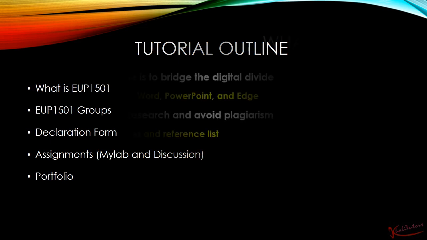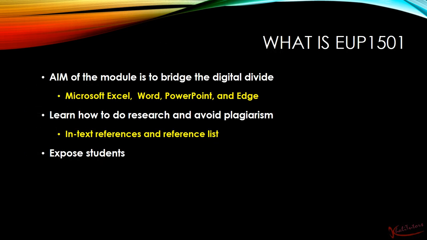Okay. So basically, the EUP module aims to bridge the digital divide. This simply means that it equips students with ICT skills that will help them compete in the academic space and also in the workplace. So in this module, you will learn Microsoft Excel, Word, PowerPoint, and the browser Edge.